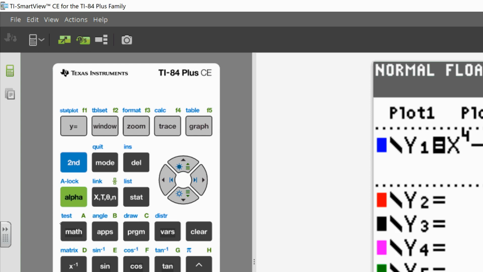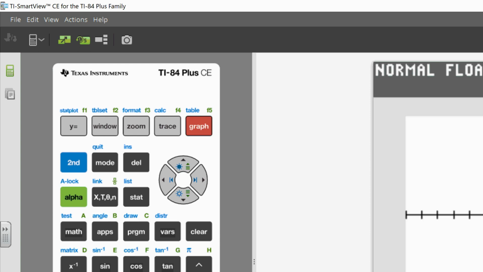So we can do the caret key and then 4, because the caret key will actually put us up into the exponent. And we can go on and hit graph.